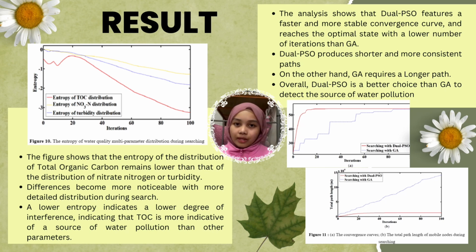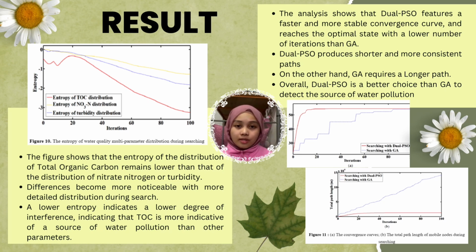In terms of the path length of moving nodes, dual PSO produces a shorter and more consistent path. This reflects a higher efficiency in routing of sensor nodes. On the other hand, GA requires a longer path, which shows a lower efficiency. Overall, dual PSO is a better choice than GA for detecting water pollution sources due to its higher convergence speed and routing efficiency.